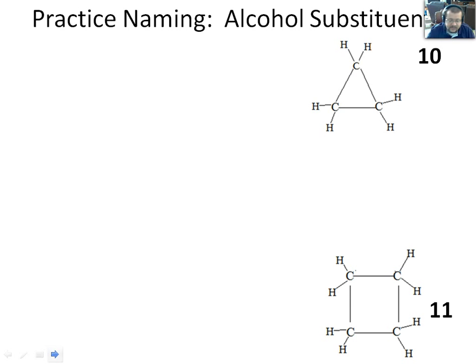Alright, number 10. I've got 3 carbons that are in my ring here, and they're in a ring, so I'm going to call it cyclo. And what's the prefix for 3?